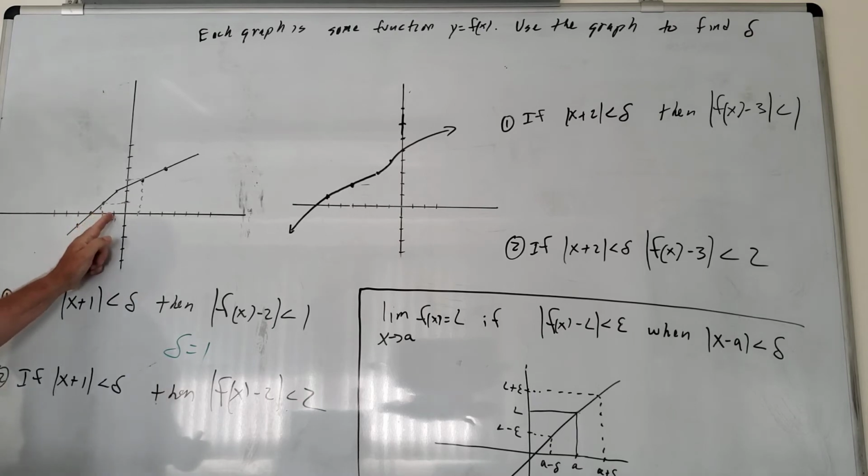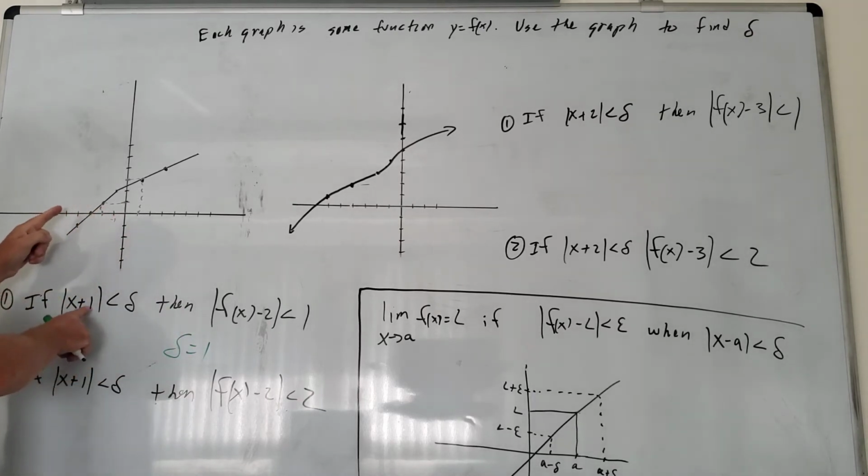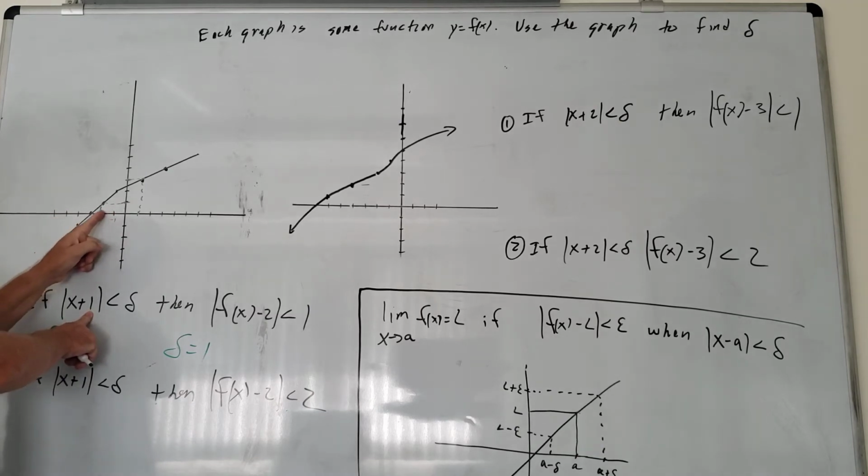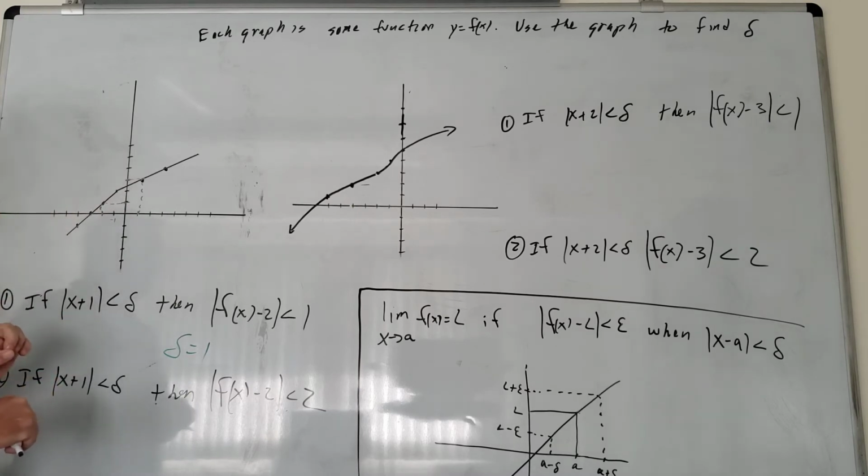But if I don't go any more than 1 away from our a value of -1, if I'm less than 1, when I go to my graph and over, I land inside that neighborhood. That's the reason why you pick the smaller of the values.